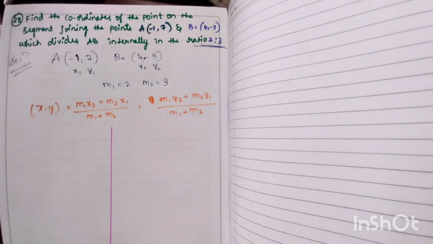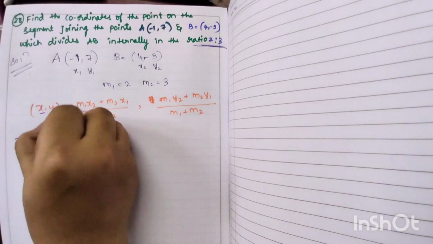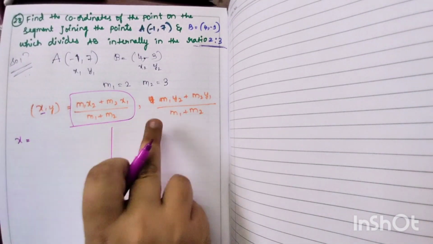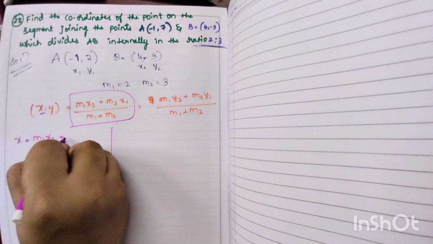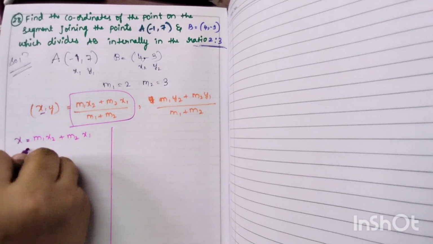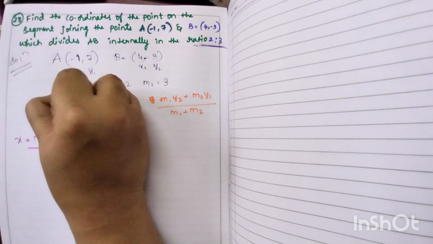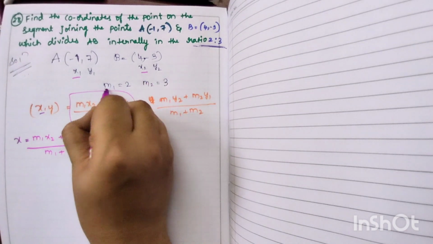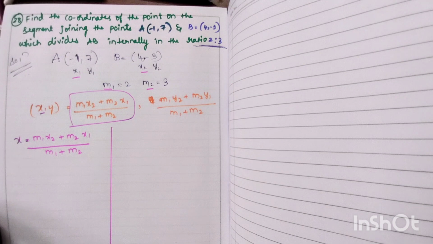Let's separate it: x is equal to the x of this full term, and y of this full term. So that is nothing but x is equal to (m1 x2 plus m2 x1) divided by (m1 plus m2). We know what x1, x2, m1 and m2 are, so just substitute here.